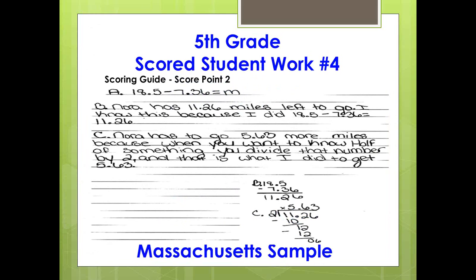And on part C, Nora has to go 5.63 more miles because when you want to know half of something, you divide that number by 2, and that is what I did to get 5.63. So there may be some simple calculations that the student missed, the reason why they were not able to get the full correct answers. They provided some explanations, but just some minor calculation errors.